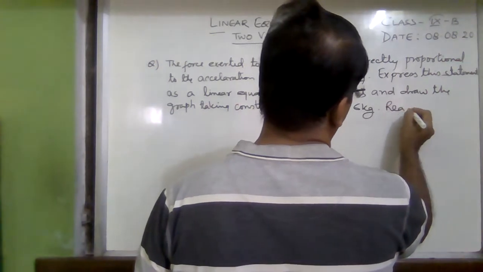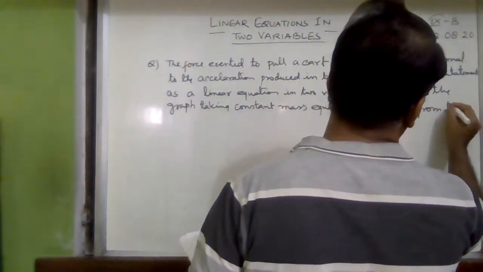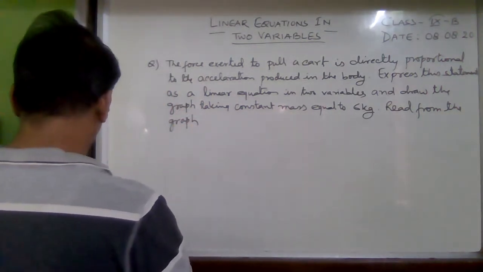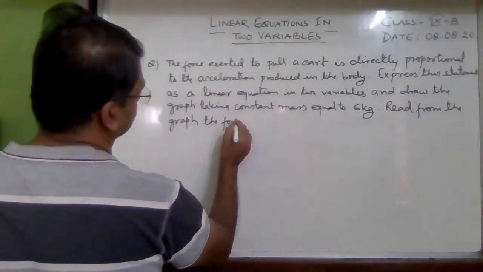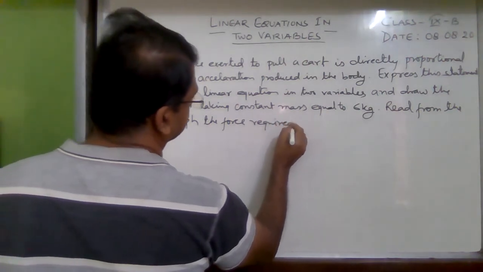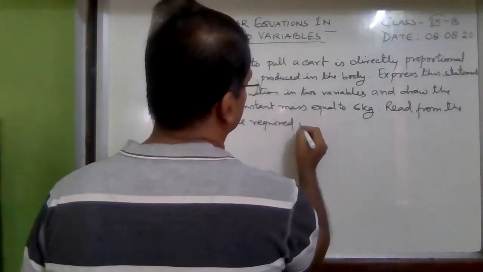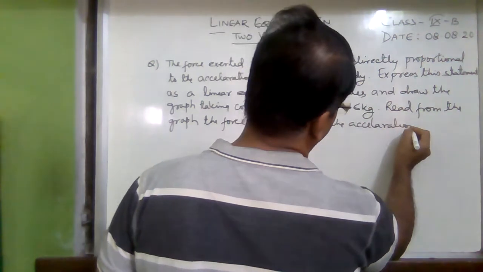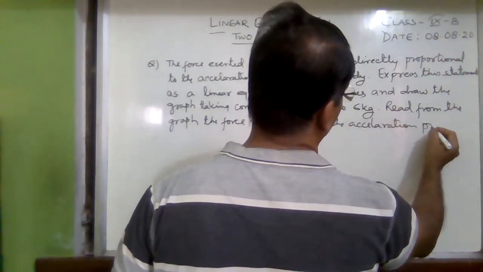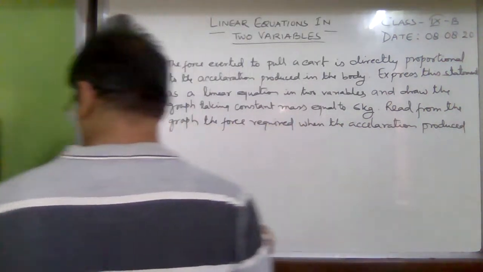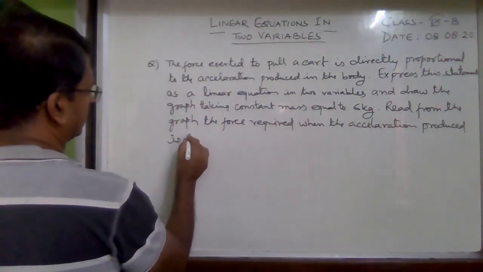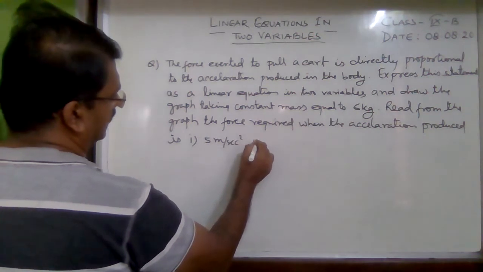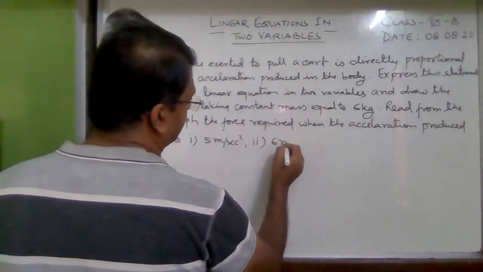Read from the graph the force required when the acceleration produced is, first part, 5 meter per second square, second part, 6 meter per second square.